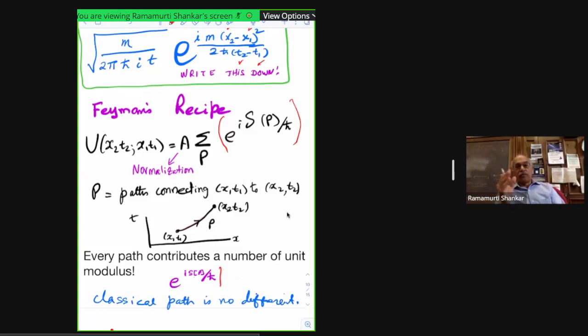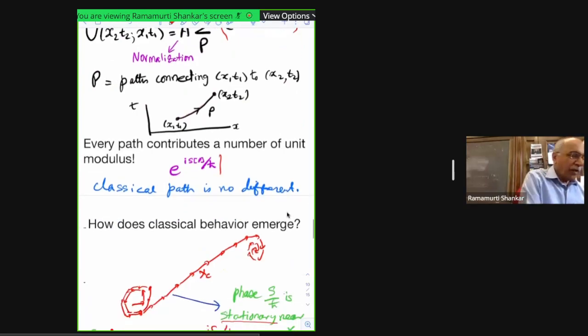You number them, and for each path, you compute the integral of kinetic minus potential, you get the action, you take the exponential, and that's the number of unit modulus. For every path, you get that complex number of unit modulus, and you keep on adding them. That sum will give you the propagator. You have to normalize it in the end so that the wave function is normalized, but this is the rule.